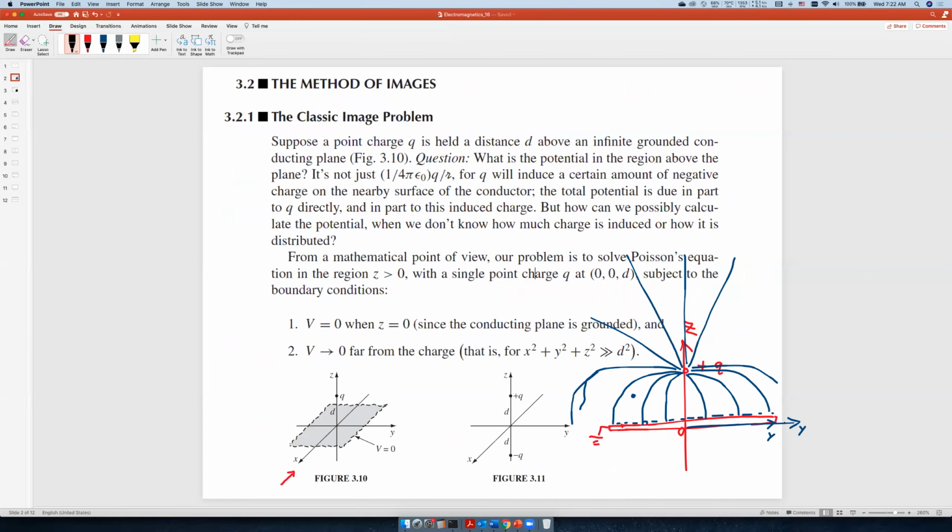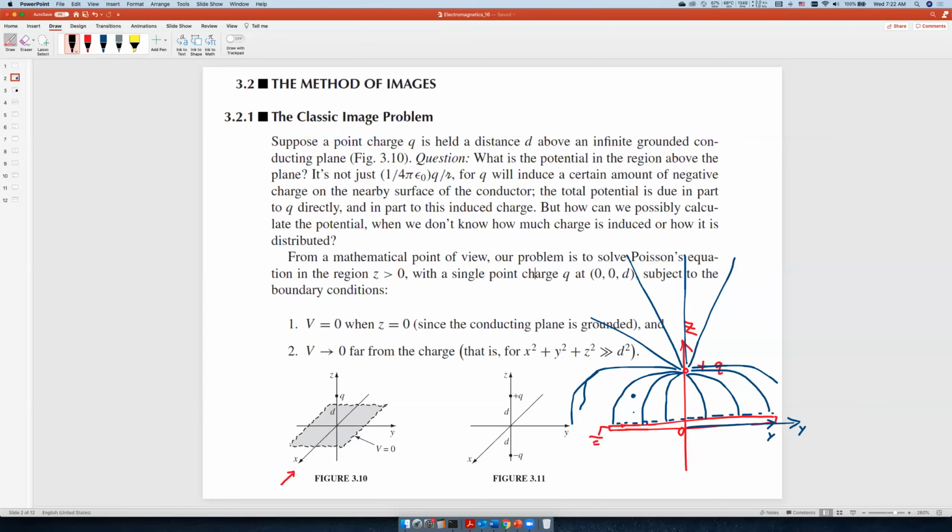If you put a conductor here, then the conductor generates a lot of surface charges. And those surface charges make the electric field lines distributed in this way. That's the effect of the induced charges.